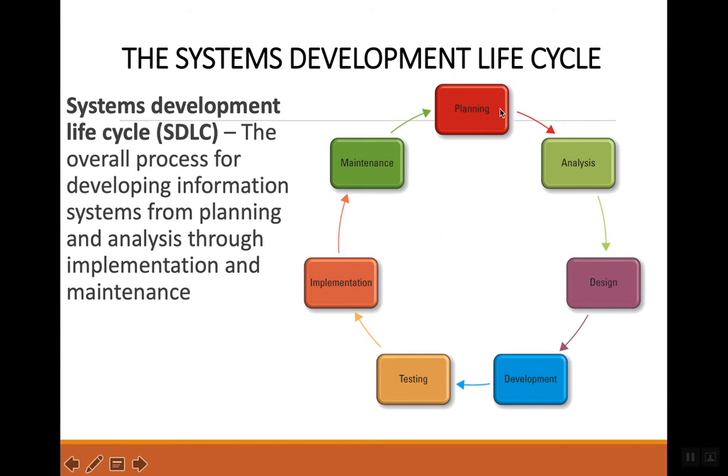Coming from the planning step, you go into an analysis phase. In analysis, you evaluate the feasibility of something. What are the parameters? What is the scope? What precisely is involved in developing the requirements for this application or software that's required or desired?